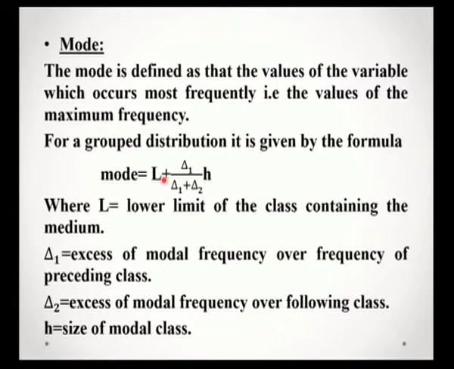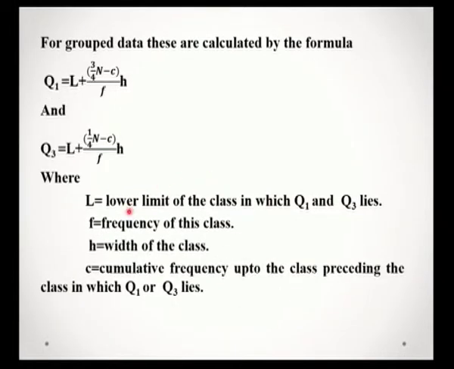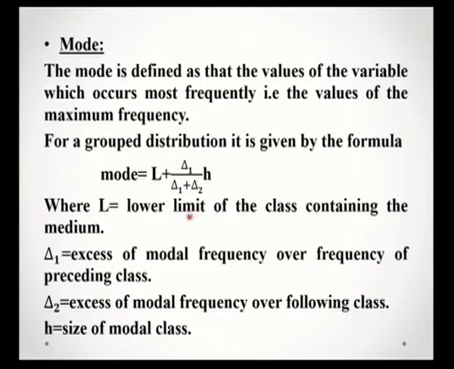Here L and h exist as in the median and quartile formulas. In those formulas, L is the lower limit of the class. Here also L is the lower limit of the modal class, and h is the width of the class.